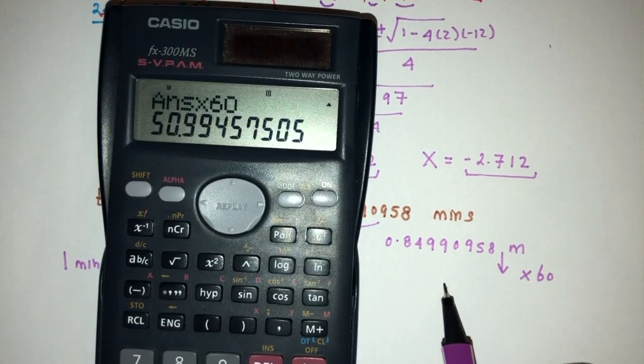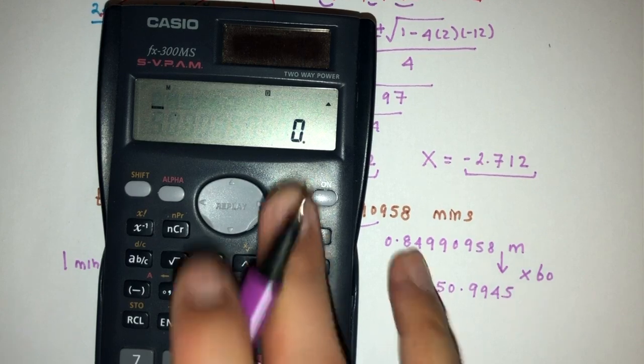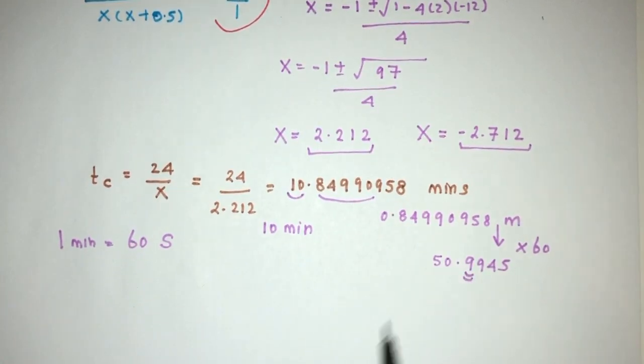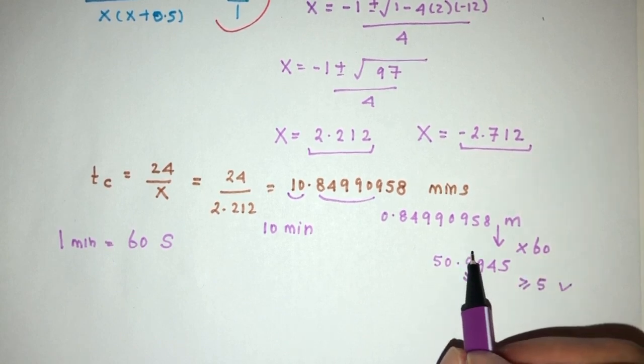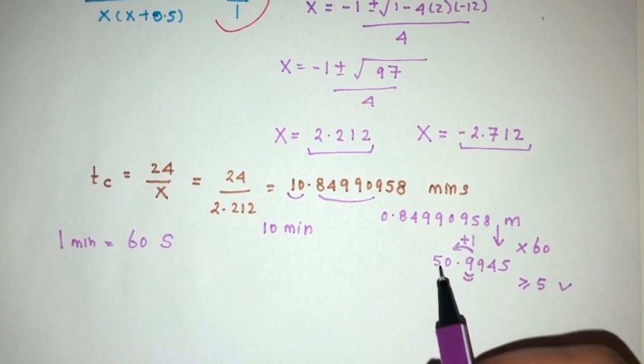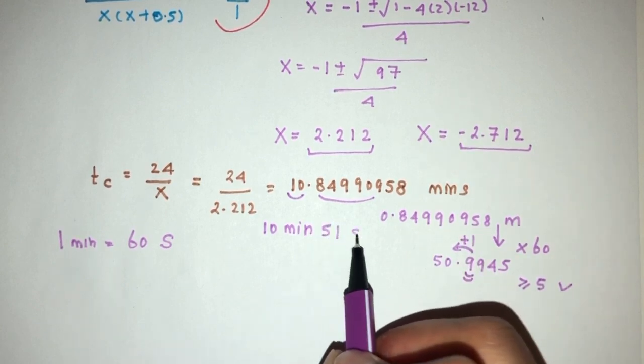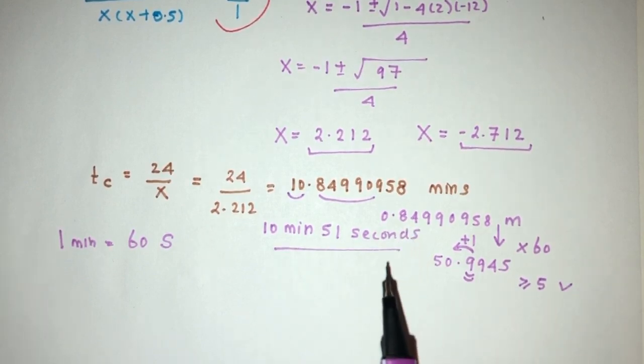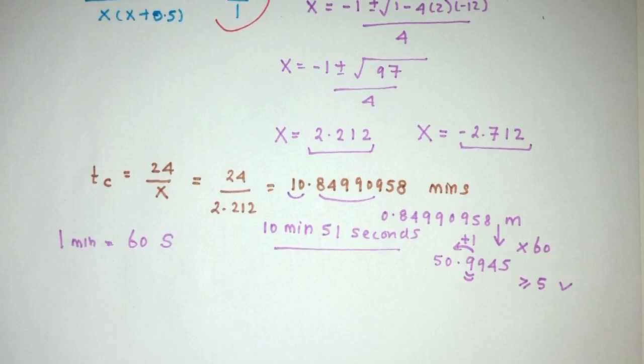That will be 50.9945. Now, for the nearest second, you have to look at the first decimal place. Is it more than or equal to 5? Yes, so we have to add 1 here. That will become 51 seconds. So this is your answer for part E of question number 6.